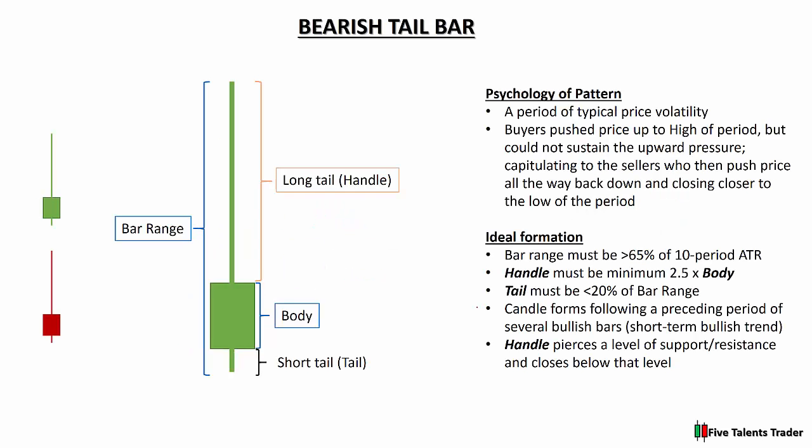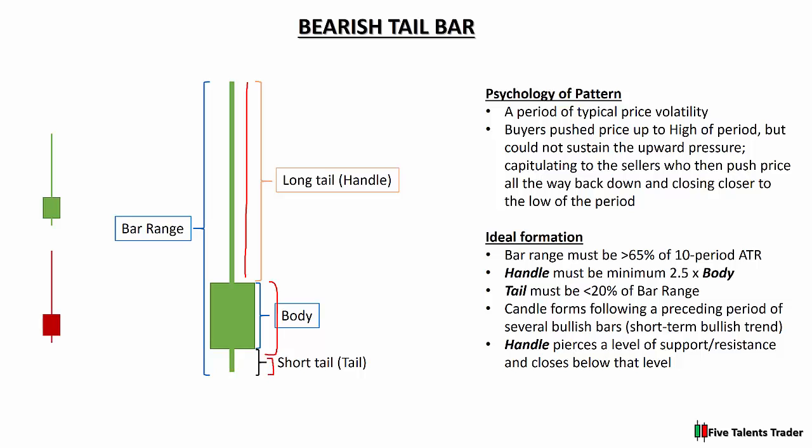Similar for the bearish tail bar, the only difference is in this case it will be a sell opportunity. So again, irrespective of whether it is a red or green candle, a formation like this will always be represented as the bearish tail bar, where the handle is minimum 2 times the body and it has a very short tail.